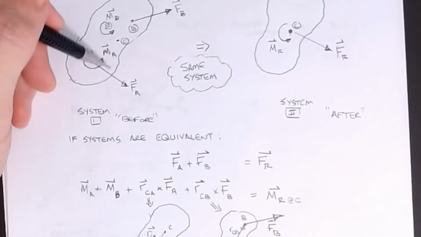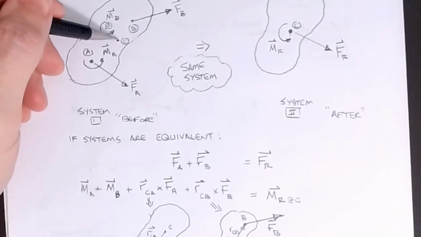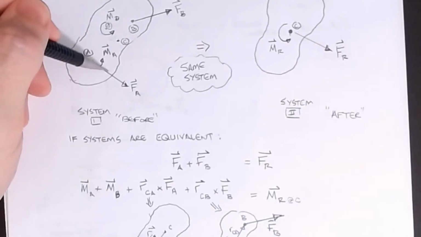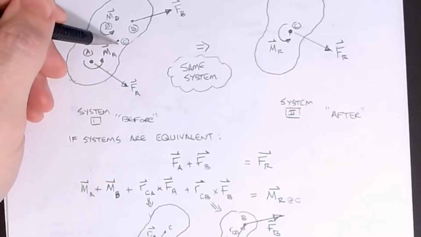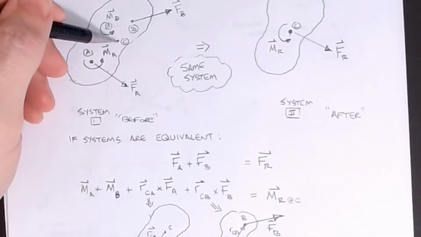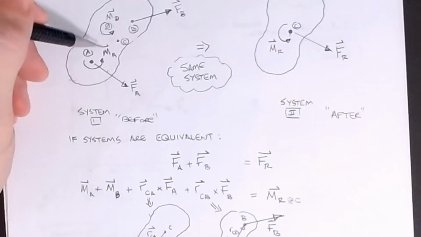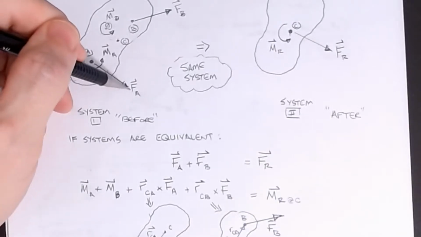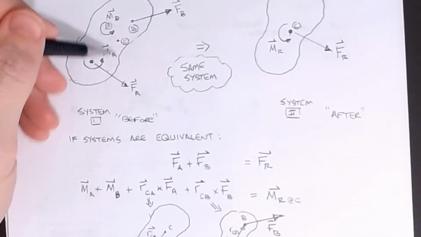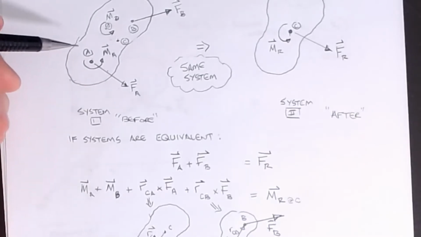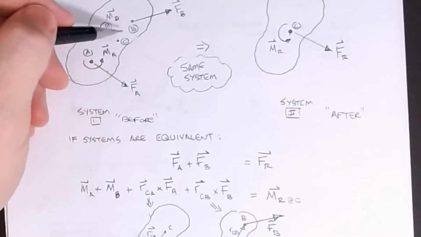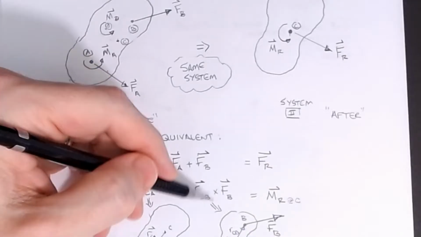But then I also pick up the two forces. About point C, FA also makes a moment vector, and we can use r cross F as our equation, and it would be the position vector r from C to A crossed into F at A. That would give me the equivalent moment at C of that force FA. And then for FB, it would be r from C to B crossed into FB.